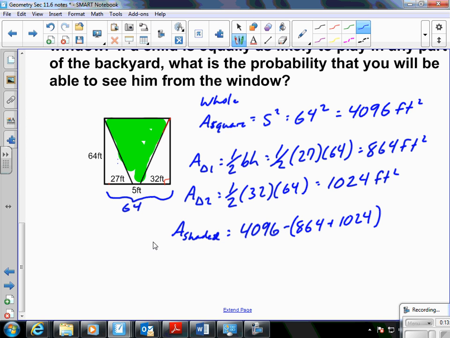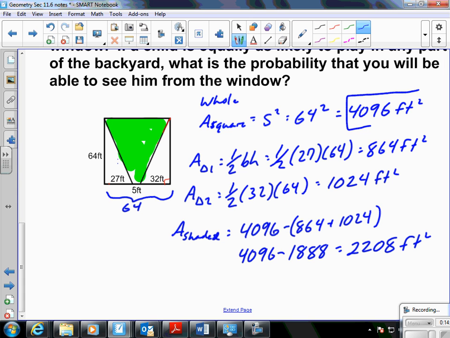So 4,096 minus those two added together, that's going to give me 4,096 minus 1,888, which, subtract that out, that's going to be 2,208 feet squared.